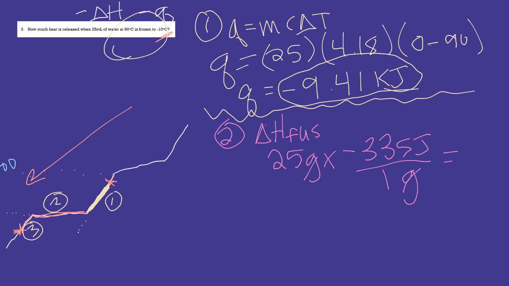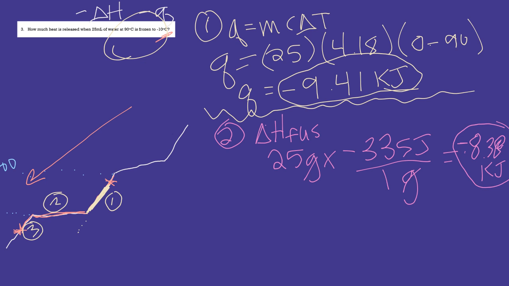Grams cancels out. Put it into the calculator. And if you want this in kilojoules, you will then divide by 1,000 and get negative 8.38 kilojoules.